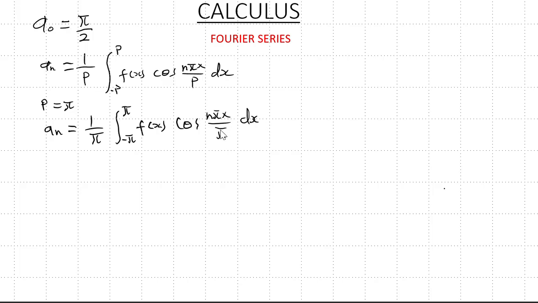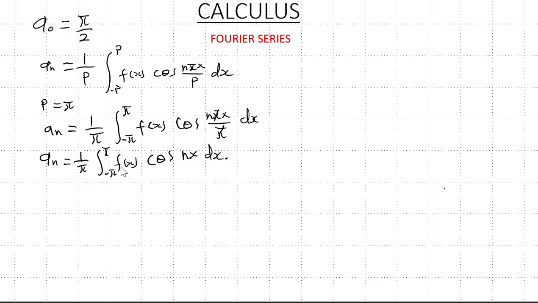Here we can see that this pi can actually cancel out, so we are left with a subscript n is equal to 1 over pi integral of negative pi to pi f of x, then cos nx, it's only nx dx. So that's it.